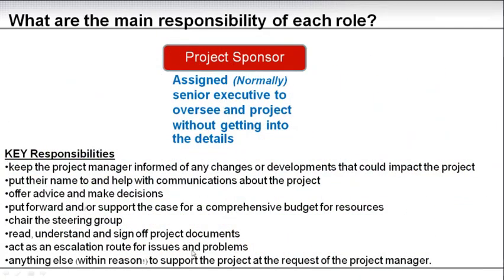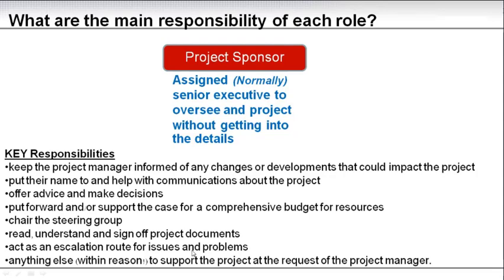And if we just drill down into some of the roles and the responsibilities. So the project sponsor, normally this is a senior executive assigned to oversee the project without really getting into the details. The key responsibility of the project sponsor is to keep the project manager informed of any information coming from the top, from the executive team, about any impact that could potentially happen to the project.